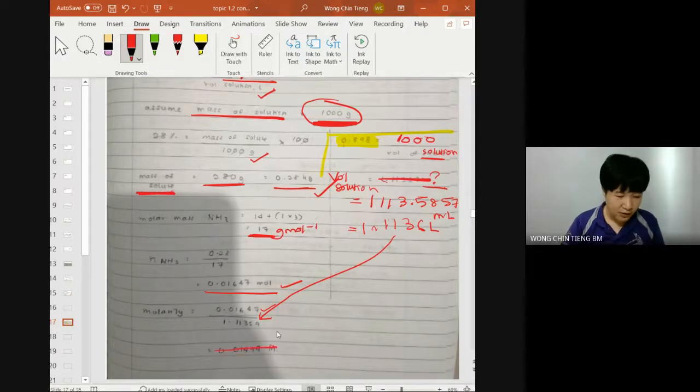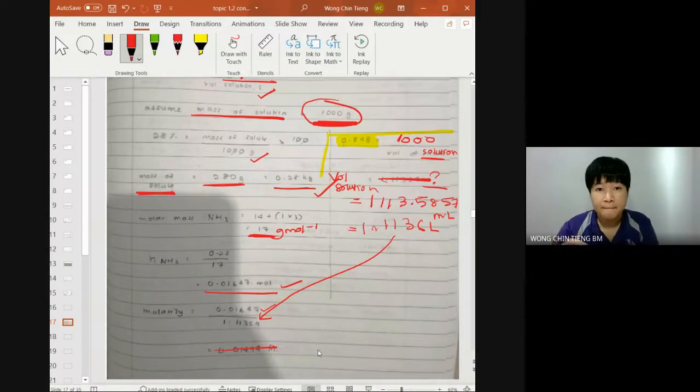Okay? And the correct answer should be, jawapan kamu apa? Jawapan kamu apa? Anybody? Jawapan?